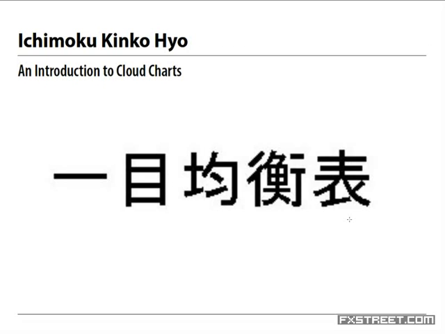That's what it means. And the guy who invented this is a chap called Goichi Hosoda, whose pseudonym is Sanjin Ichimoku. He devised this system in the 1960s based on the Tokyo Stock Exchange share prices, and it was based on trial and error, laborious backtesting, and let's not forget we didn't have computers in those days.